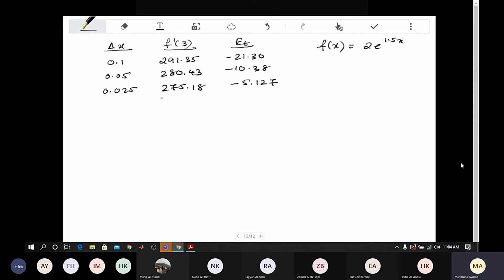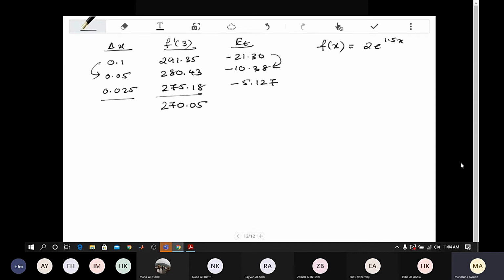So you can see that as we are decreasing the delta x, we are reaching the exact value here, 270.05, right? And one more thing that you can see is that as you halve the value of delta x, the true error value is also getting approximately halved.